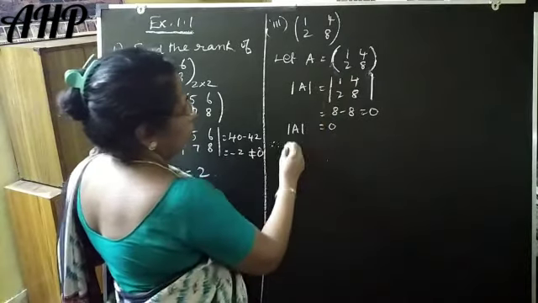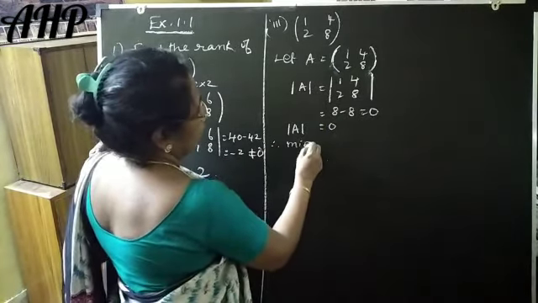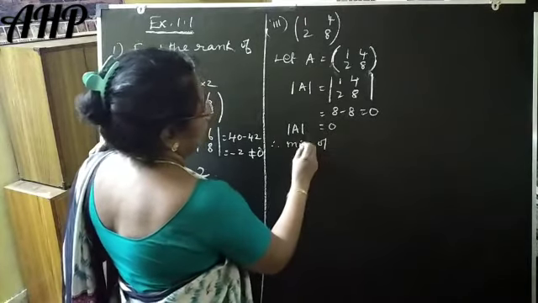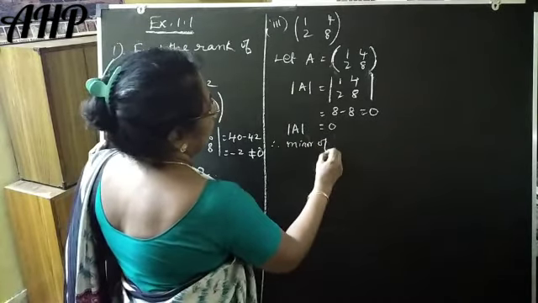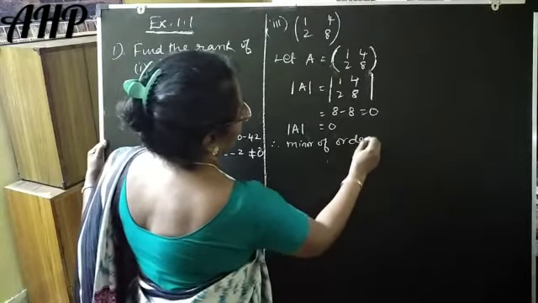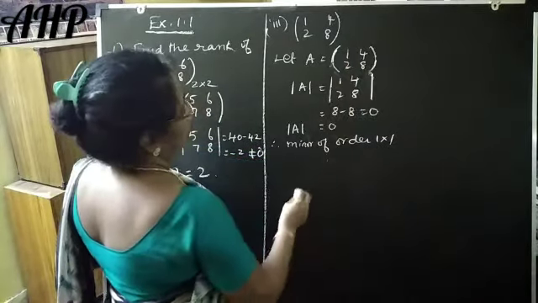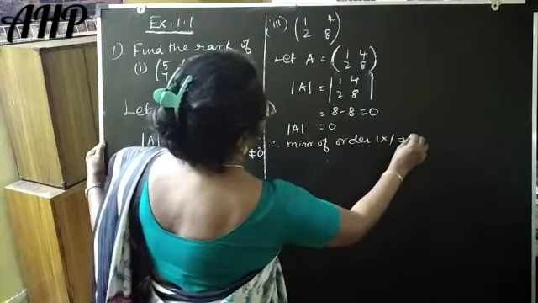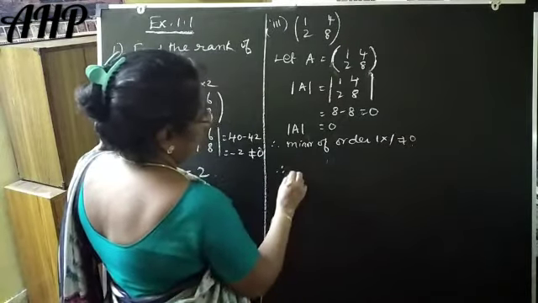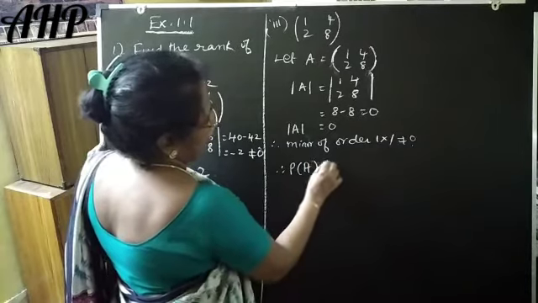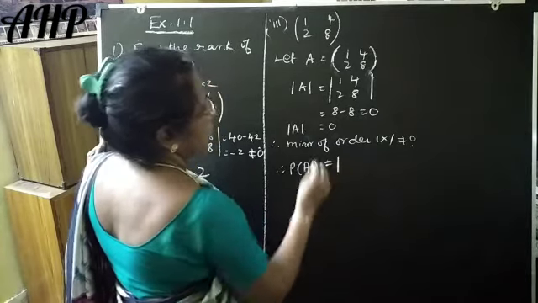We are going to find out the minor of order 1 by 1. So here every element is a non-zero element. It's not equal to 0. Therefore, rank of A is equal to 1.